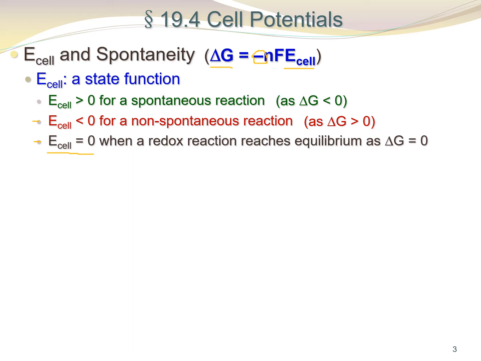If E cell is less than 0, it's not going to happen in our battery. It will happen, however, if we have a rechargeable battery, which the electrolysis going on can have this E cell less than 0, which we'll talk about later on at the end of this discussion.